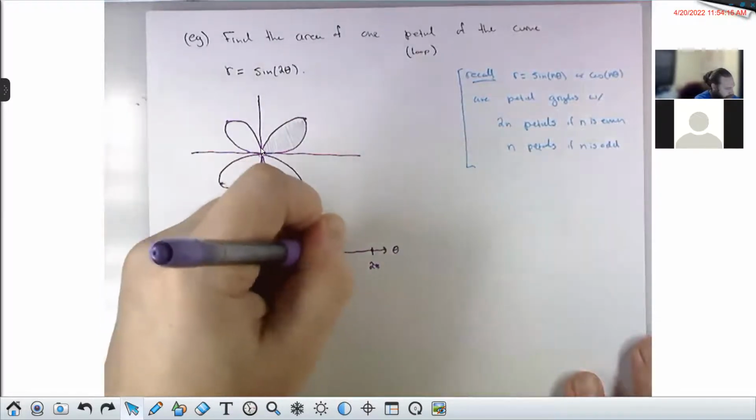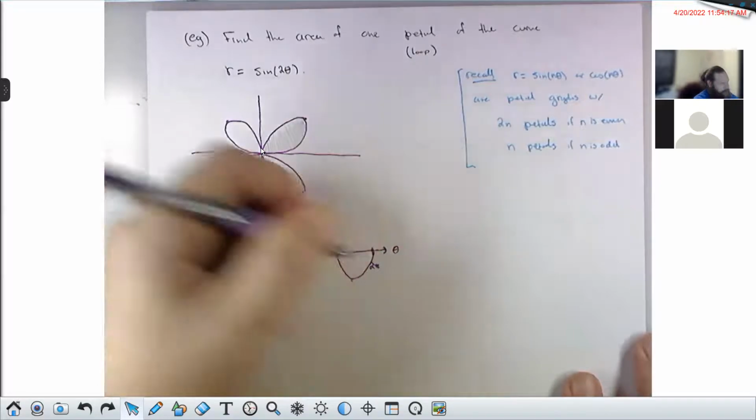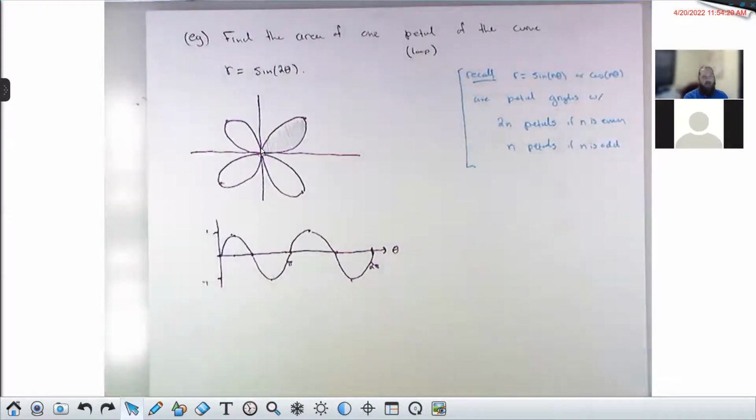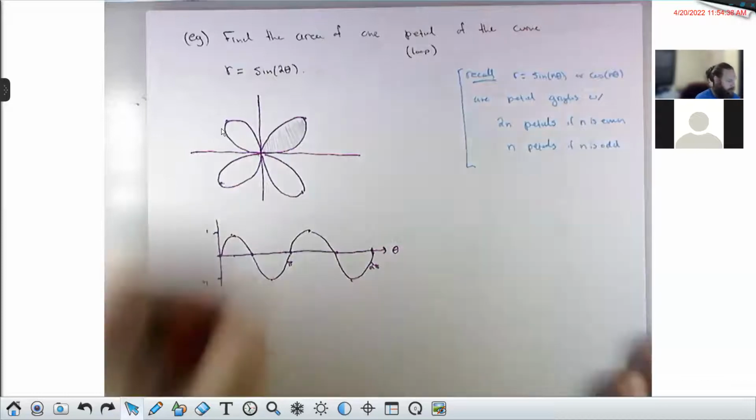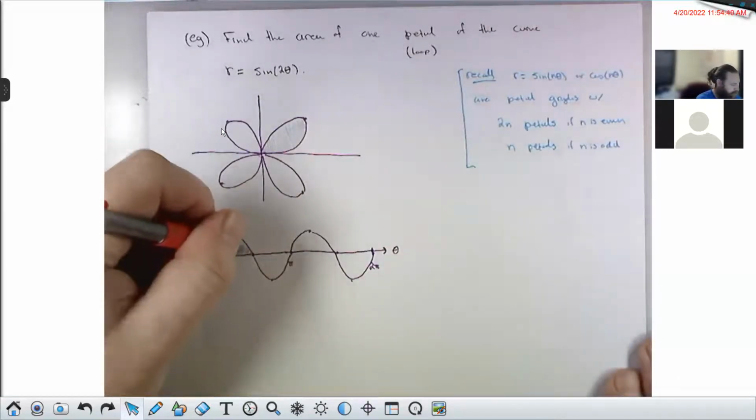So my regular graph of this function as a wave is going to look like that. I do want to make a little note here. The first petal does come from this first arc, but the area of this arc is not the same as the area of this petal. Warning, I'll shade this red.